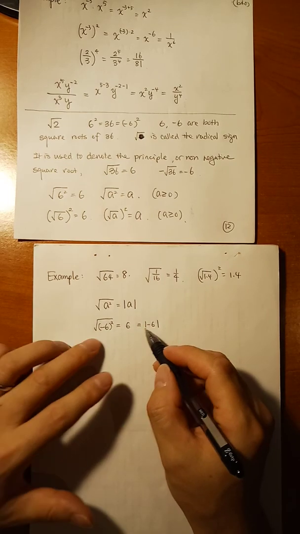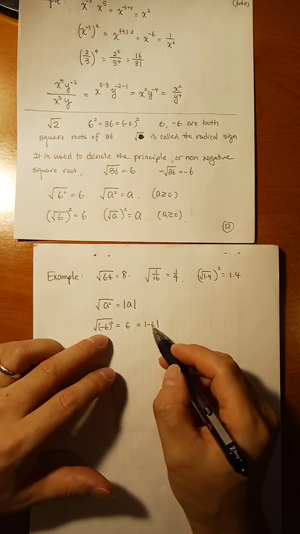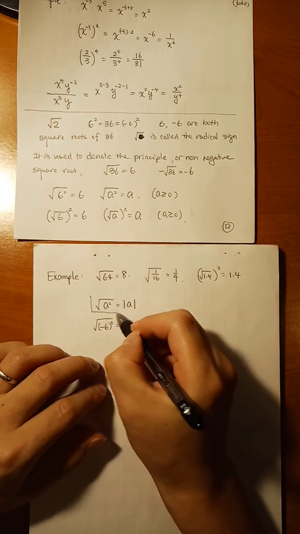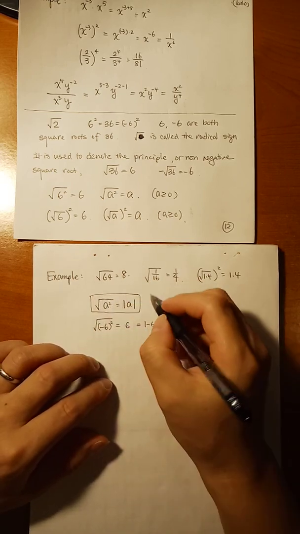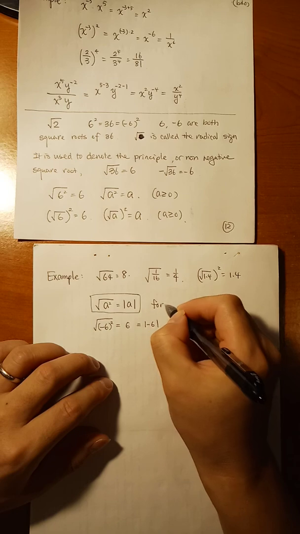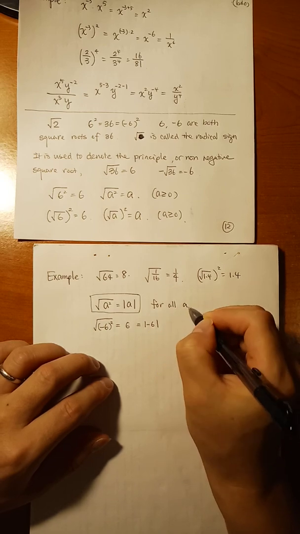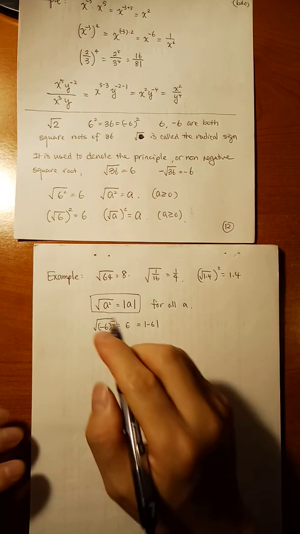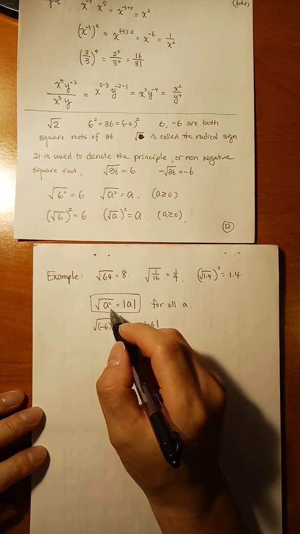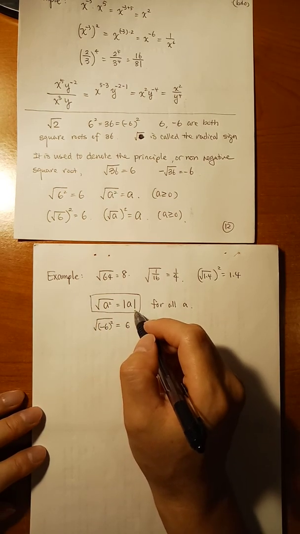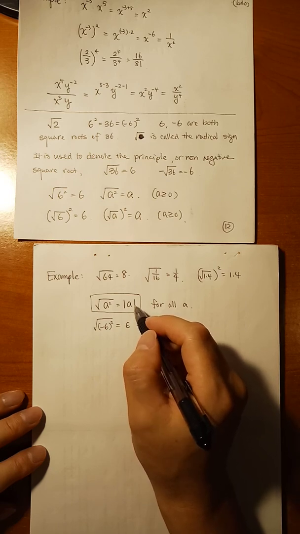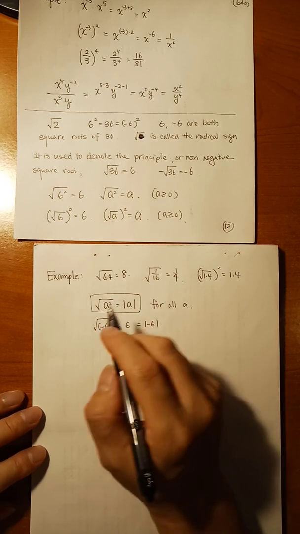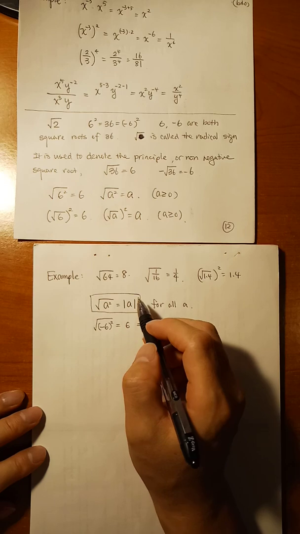So they are both equal to 6, so they are equal to each other. Remember, this is very important. And this works for all a, whatever a, positive, negative, 0. So the square root of a squared is always equal to the absolute value of a.